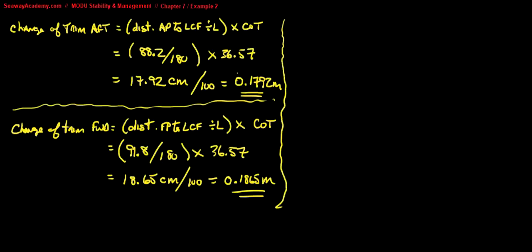So now that we've done these calculations, we're able to calculate our new drafts. So we have our original drafts. We've calculated our bodily sinkage. So for aft, the original draft was 10.3 meters.